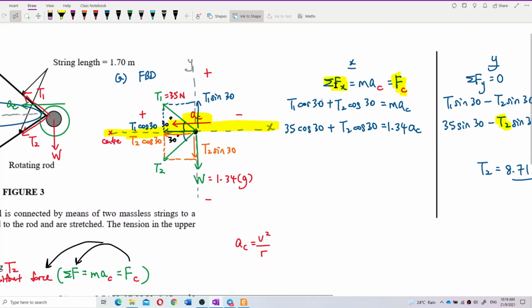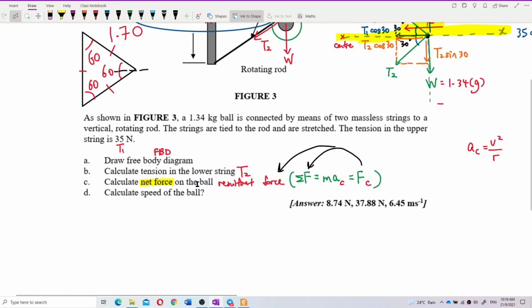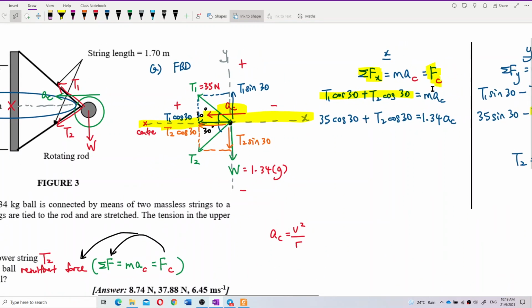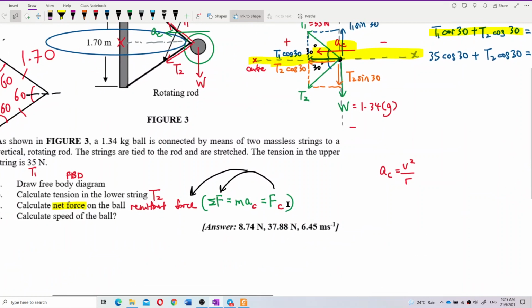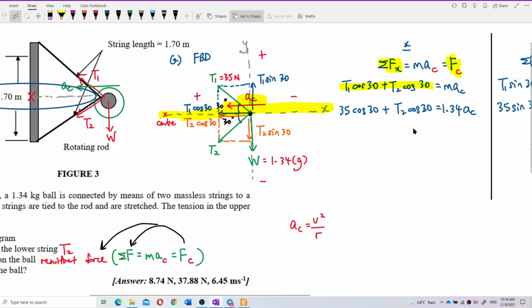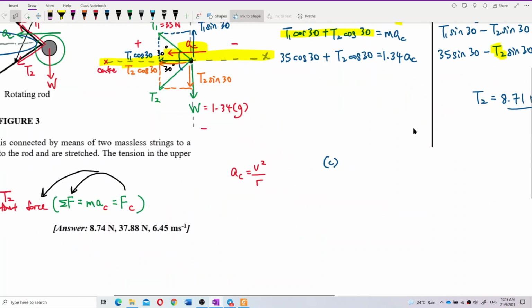Our resultant force on the ball is actually the centripetal force. Or you can use mAC also. So how to find the resultant force for C? Question C. Let's do it. For question C, the resultant force on the ball only exists in the x component.